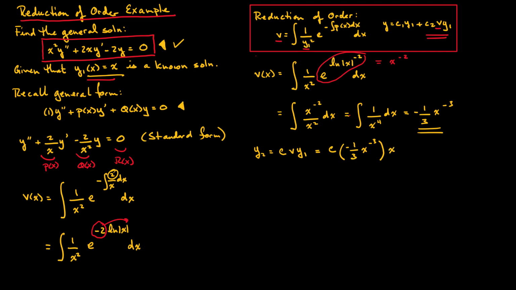Now notice that this minus 1 over 3 is just a constant, so we can simply absorb it into the constant c. So our y2 is just equal to c multiplied by x to the negative 2.